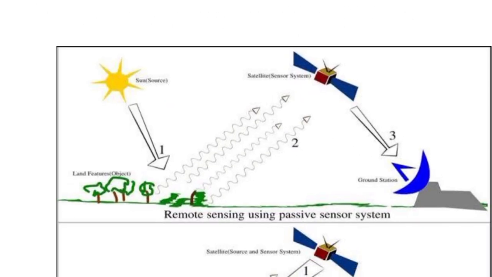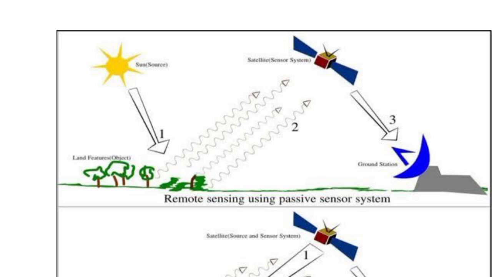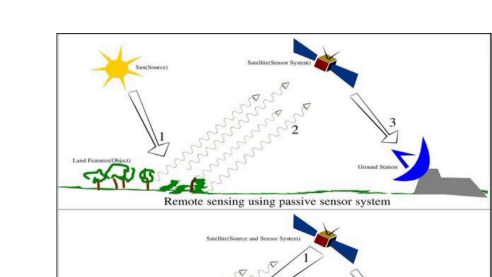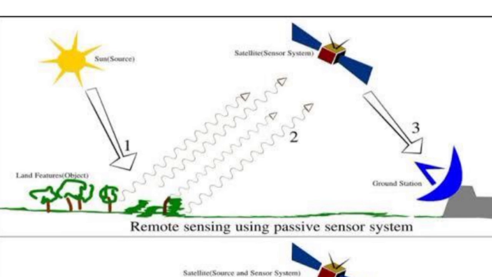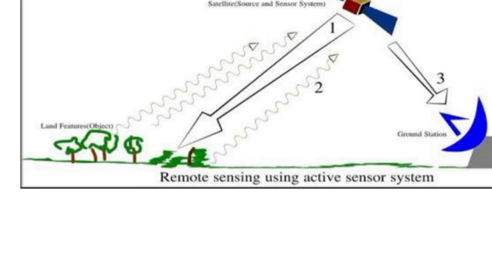Here are practical examples of active and passive sensors. We use these active and passive sensors in remote sensing applications. This is one satellite sensor system. First the sun's energy hits some object, which is reflected back to a passive sensor, and that is sent back to the ground station.